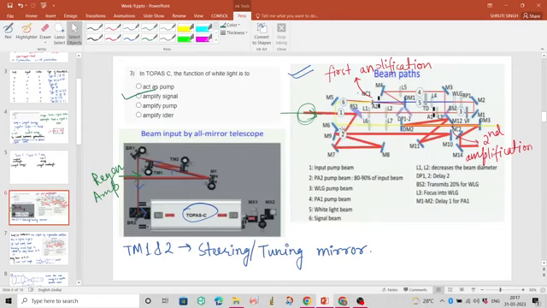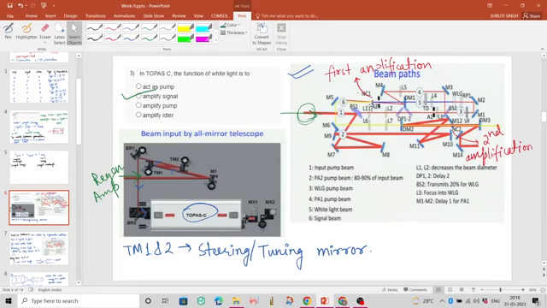So this part of the beam is used for the second stage amplification. I have written over here second amplification. It does not go to generate the white light, not to amplify the signal at first. For the first generation of white light, we use the 20% light. Then we amplify the signal using that 20% light.